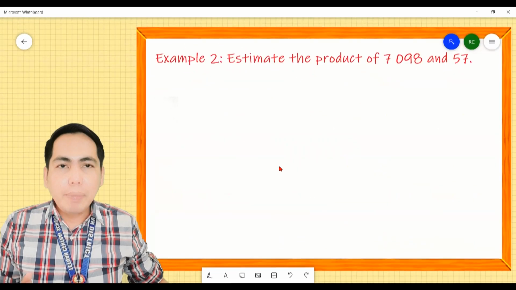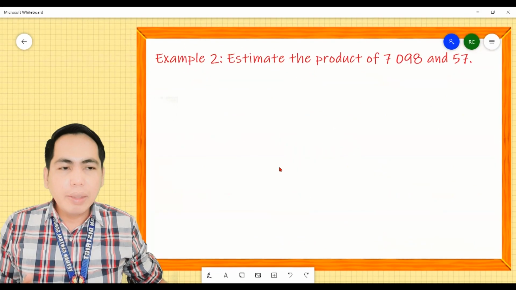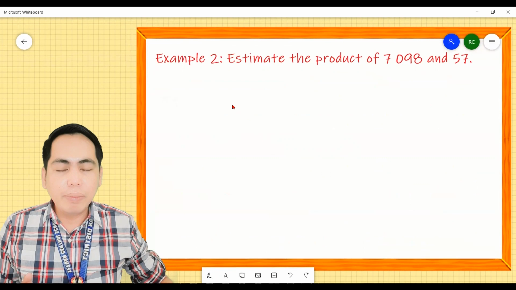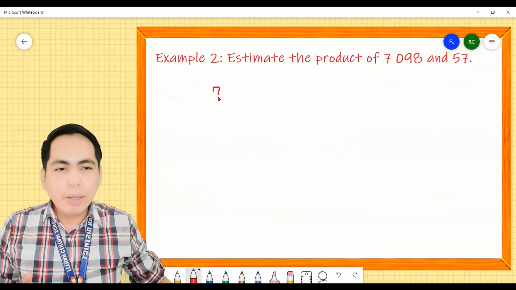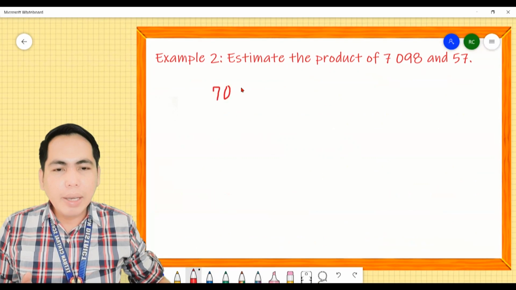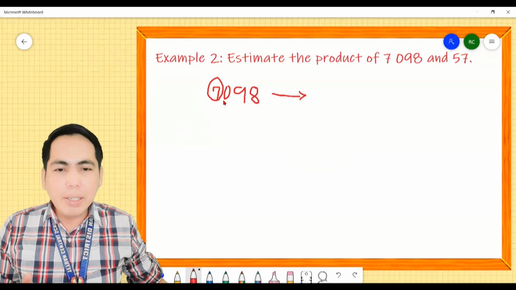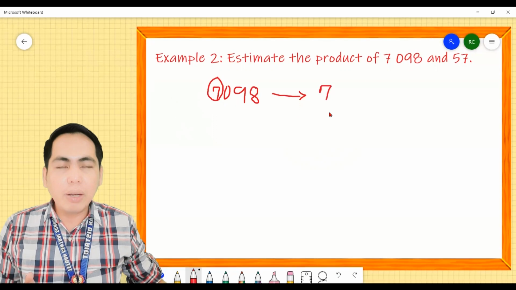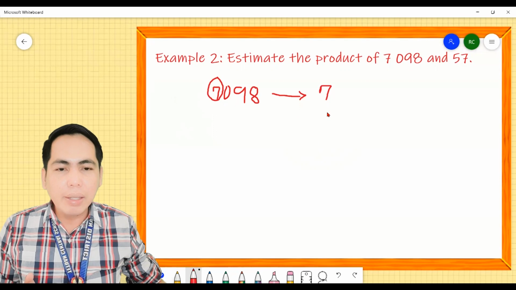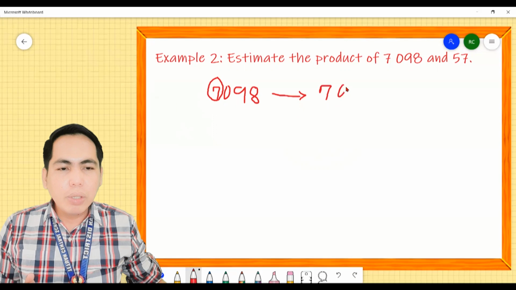We have here, estimate the product of 7,098 and 57. First, we are going to round off 7,098 to its highest place value. And the highest place value is thousands, and digit 7 is found in the thousands place. Since the next digit after it to the right is 0, we have to retain 7. And all the digits to its right will be replaced with zeros. So 0, 0, and 0.